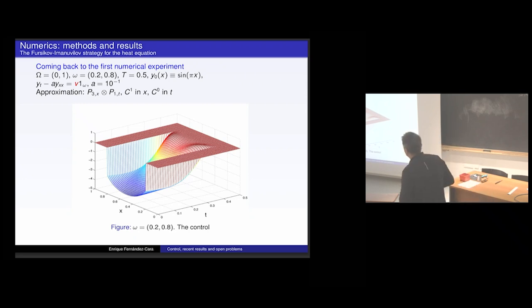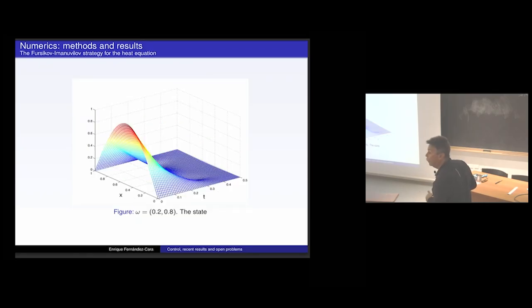And I use the tensorial product of these two spaces, and with this approximation, it works very well. Since it was a problem that only had one spatial variable in the formulation, it is easy. It's easy to construct this space, and it's easy to work with them, and the results are completely satisfactory.